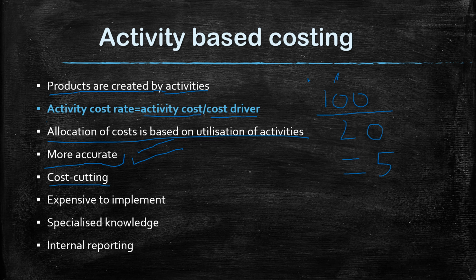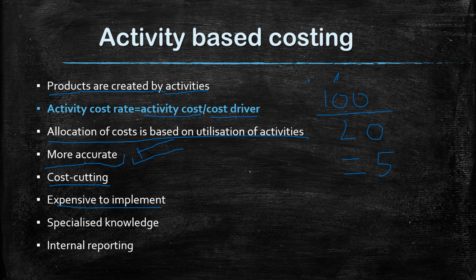Now do note, however, that an activity-based costing system cannot be used on its own, because activity-based costing cannot be used to price products. So if you're going to have an ABC system, that means you are going to simultaneously have a traditional system so that you can price the cost of products. That means you're going to have two books where you make entries.